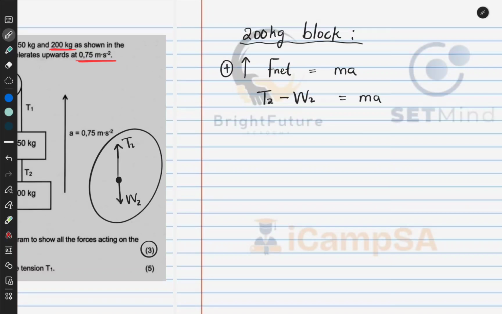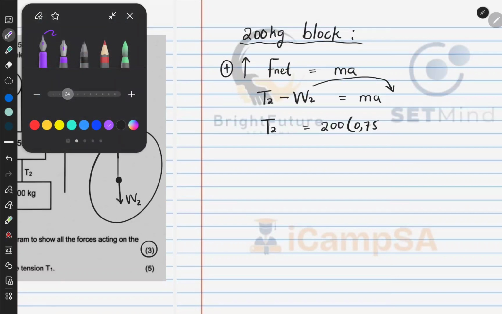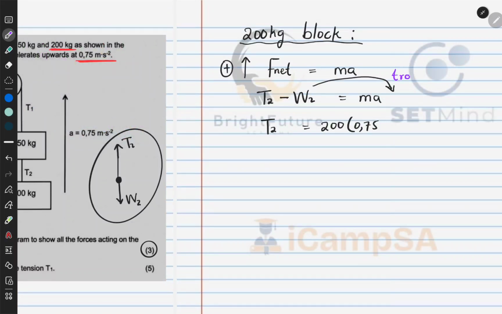Okay, so now we can make T2 the subject. It means we'll have MA, which is 200 times 0.75. We transpose this to that side, right?